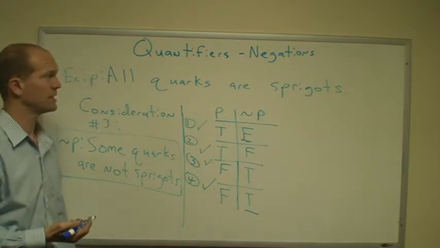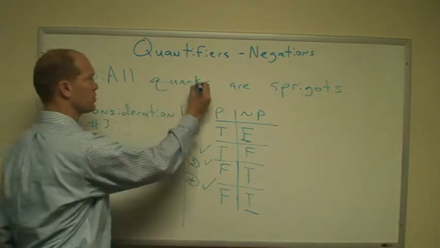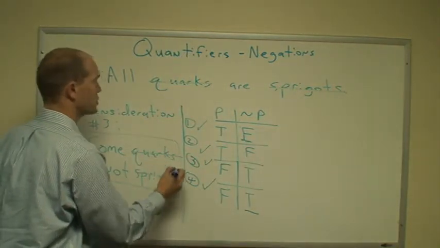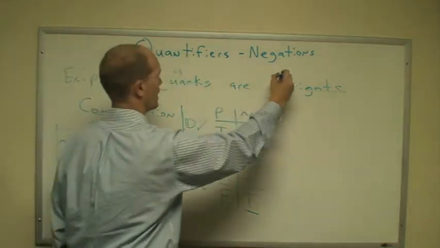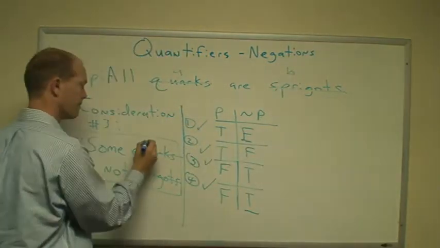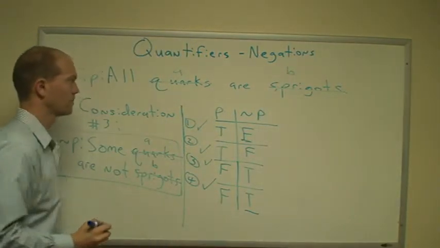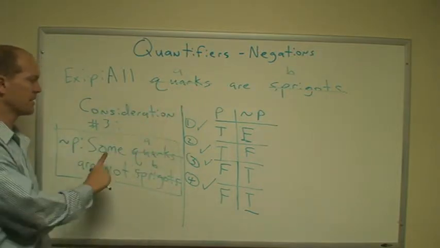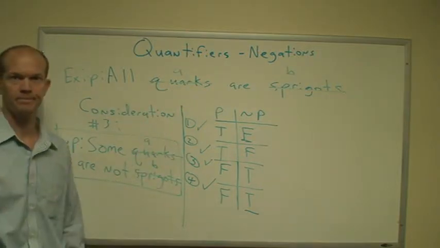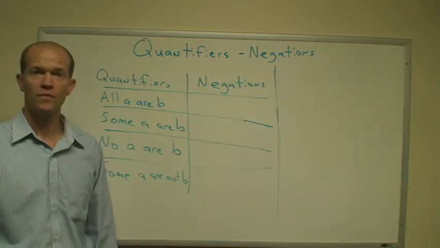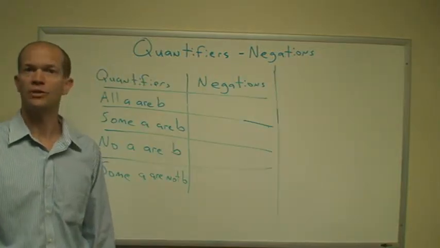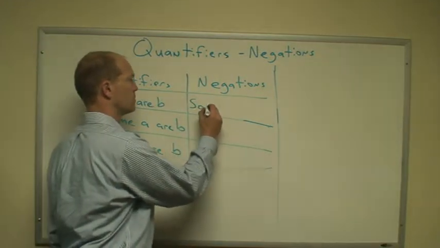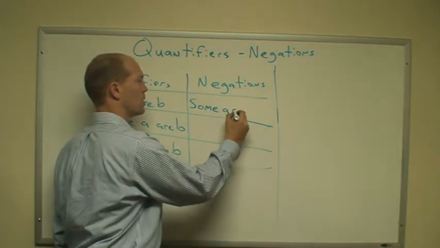Nothing about this example revolved around quarks or spriggans, really, so we could just as easily replace them with an A and a B. So we see in general that the negation of "all A are B" is "some A are not B."